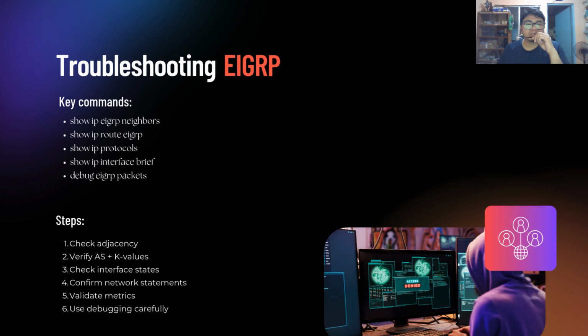Check interface states using show ip interface once adjacency is confirmed. Examine the routing table using show ip route eigrp to see which routes were learned. Debug commands provide live packet information but should be used carefully to avoid CPU overhead.